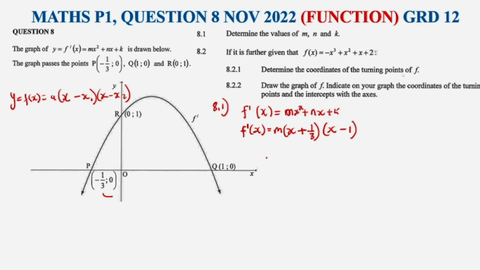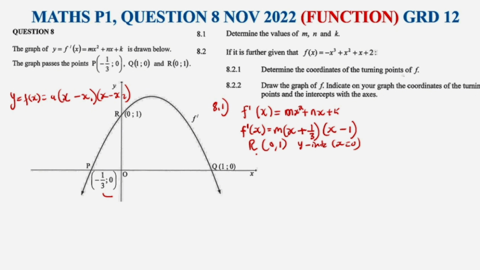So now that we have this, we are given a point. Let's choose any point. Let's rather choose R. Point R is (0; 1). This is our y-intercept, we get it when x is equal to 0.